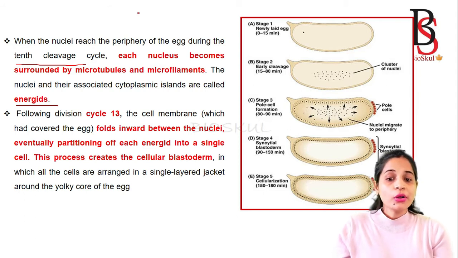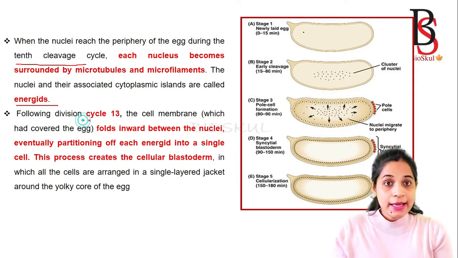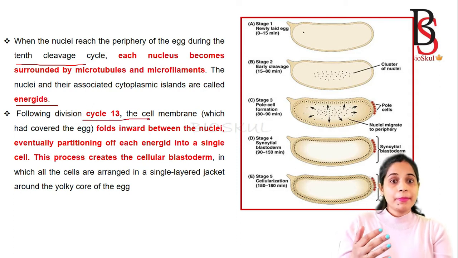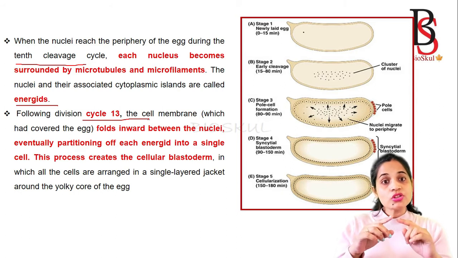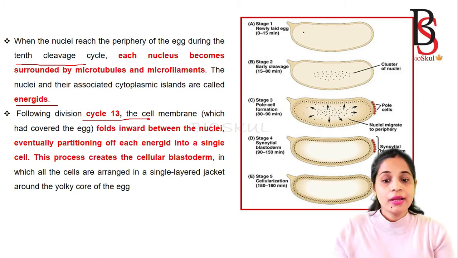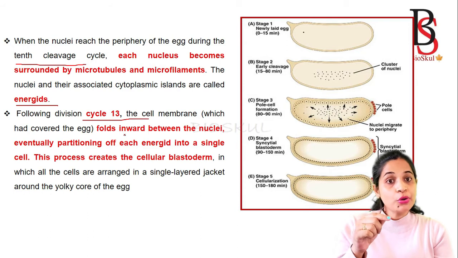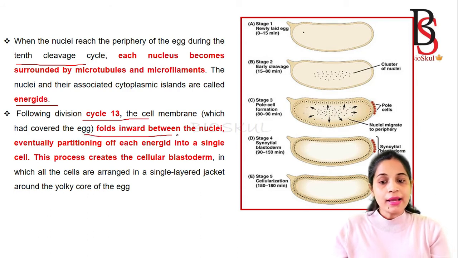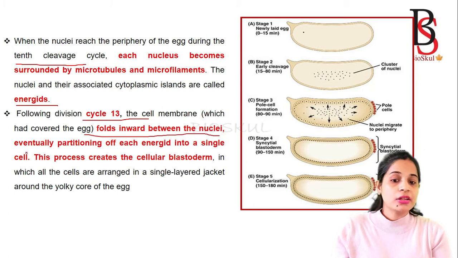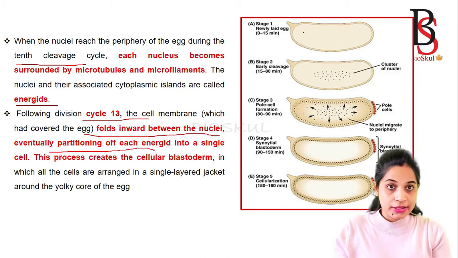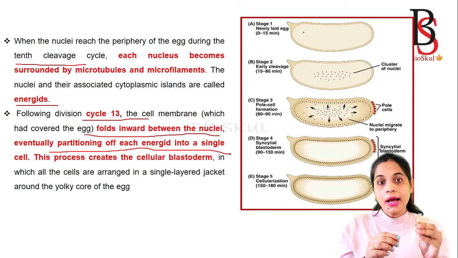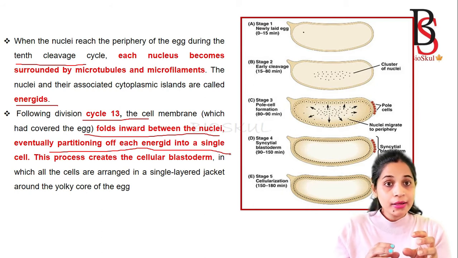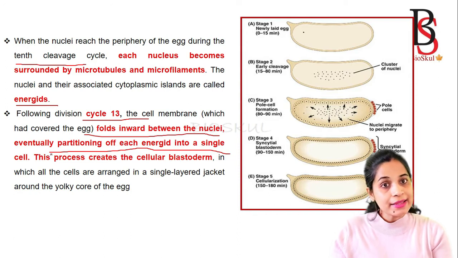Then following the division of cell cycle 13, the cell membrane, the membrane which surrounds the egg, folds inward in between the nuclei, eventually partitioning each energid, meaning the nucleus along with its cytoplasmic island, into a single cell.